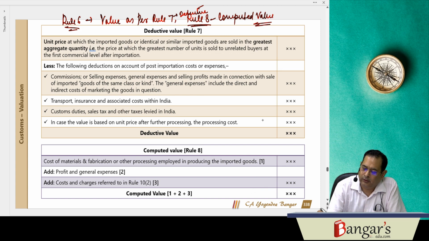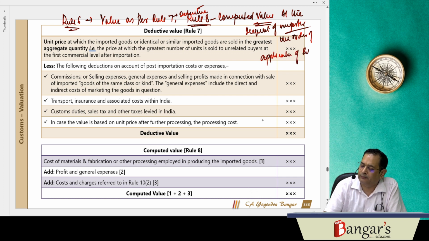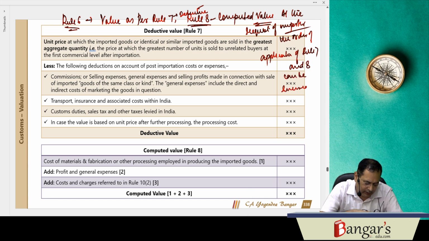However, at the request of the importer, the order of application of rules 7 and 8 can be reversed. That is, first rule 8 is applied and then rule 7 is applied.